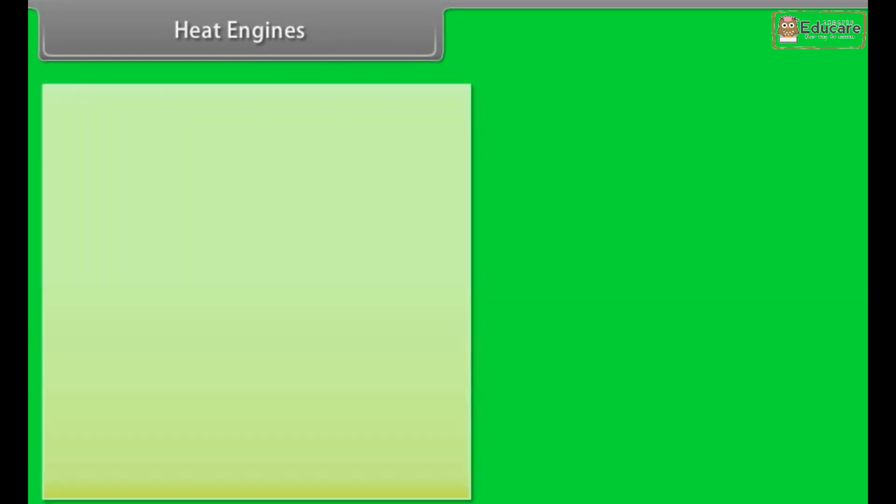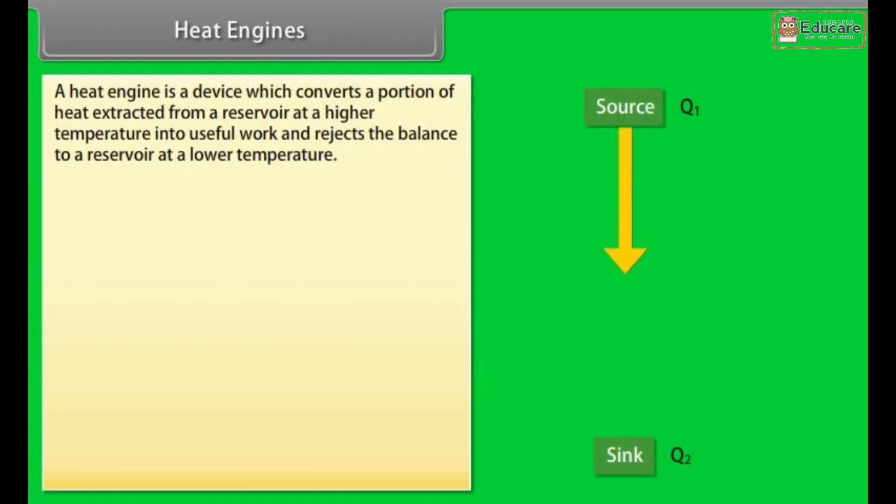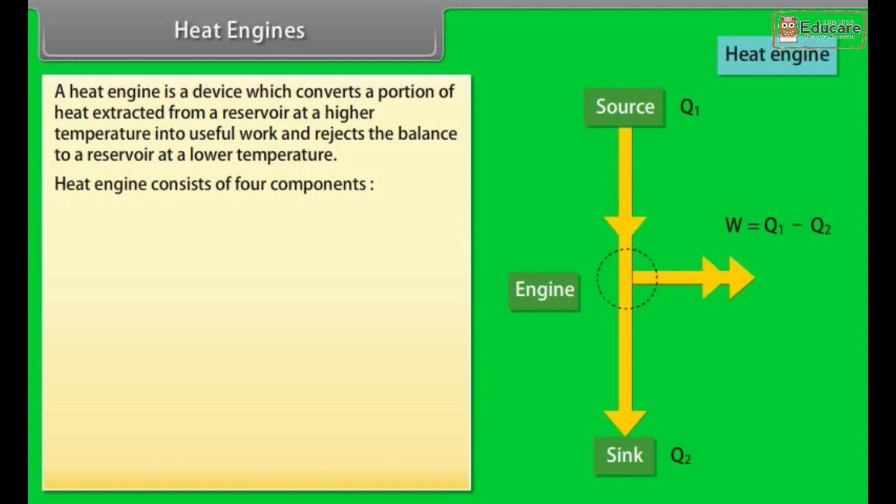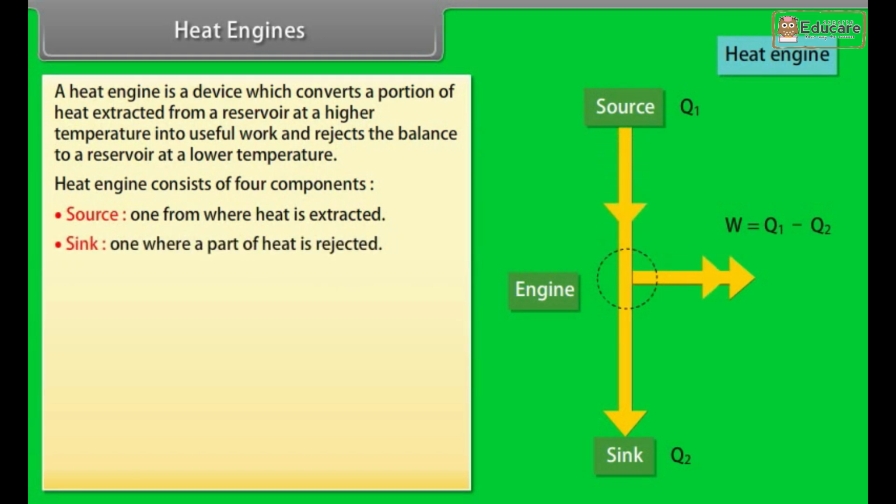Heat engines. A heat engine is a device which converts a portion of heat extracted from a reservoir at a high temperature into useful work done and rejects the balance to a reservoir at a lower temperature. Heat engines consist of four components. Source: one from where heat is extracted. Sink: one where a part of heat is rejected.